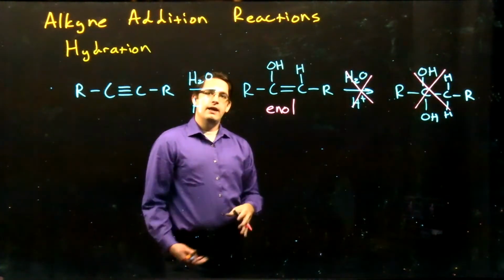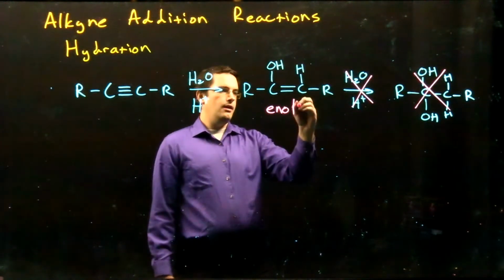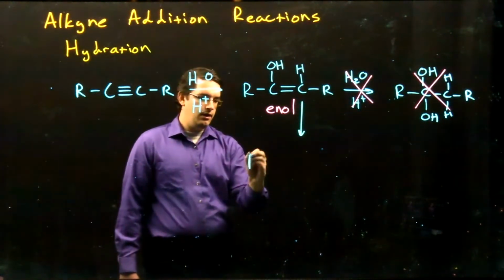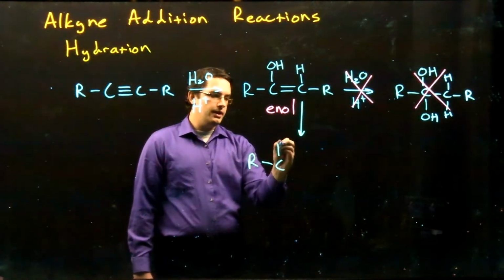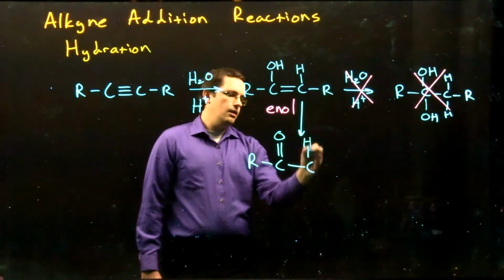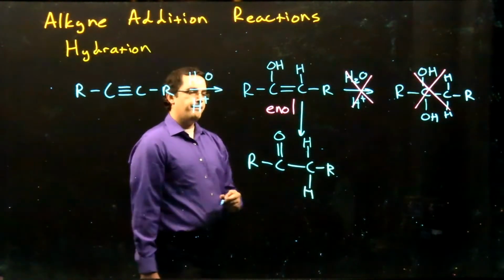Instead, this enol is going to rearrange into another isomer. So this will rearrange into a carbonyl, where we have a carbon-oxygen double bond, and our carbon takes an extra hydrogen.